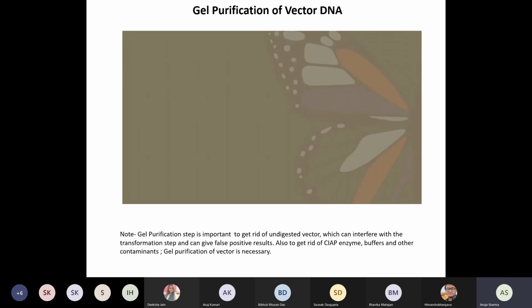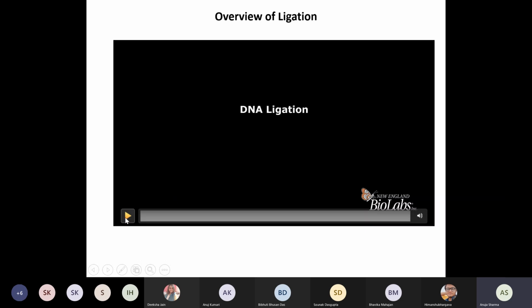Suppose after digestion you need to ligate; the buffers from the digestion reaction should not hamper the ligation mixture, so you need to gel purify and then column purify your digested products.